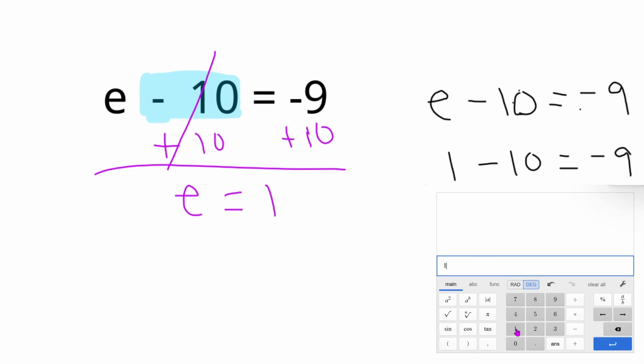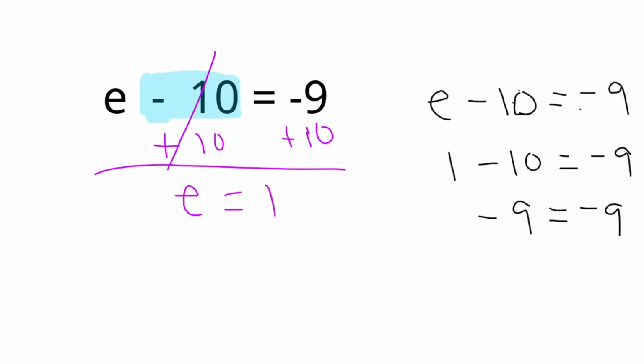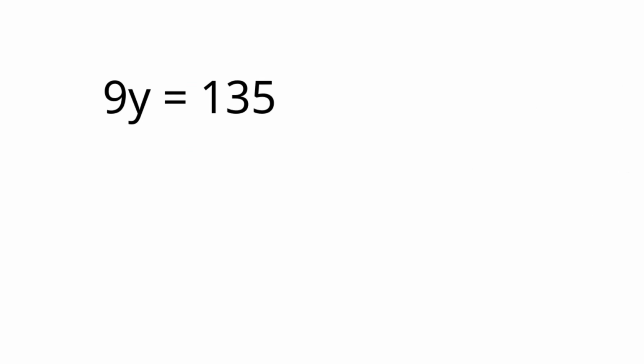Let's confirm that 1 take away 10 is in fact -9. 1 take away 10 is -9, and that is equal to -9. So it checks out.